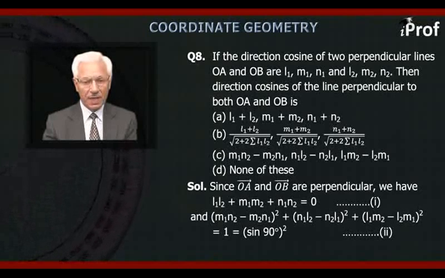Third option is m1n2 − m2n1, n1l2 − n2l1, and l1m2 − l2m1. Last option is none of these.